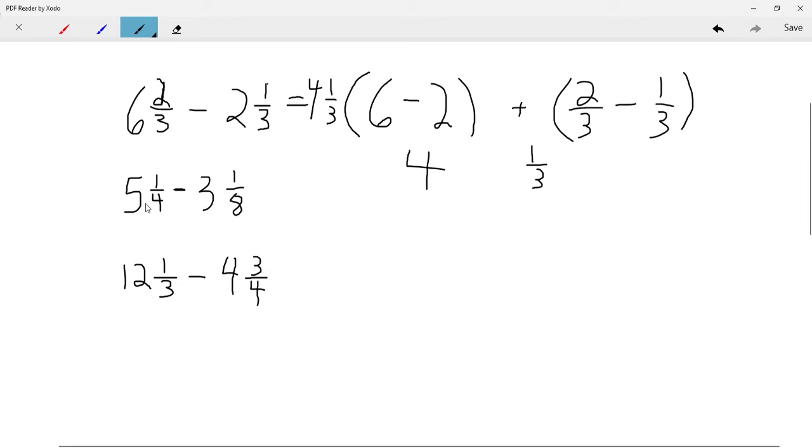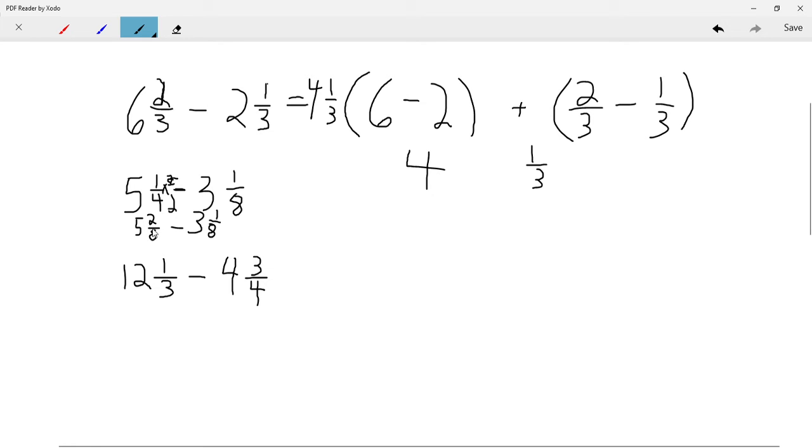Right? So I can multiply this by 2 over 2, and then that would equal 1 times 2 is 2, 4 times 2 is 8, so this becomes 5 2/8 minus 3 1/8.